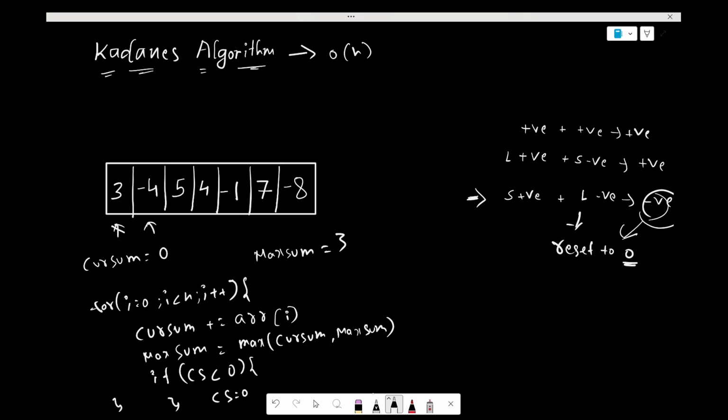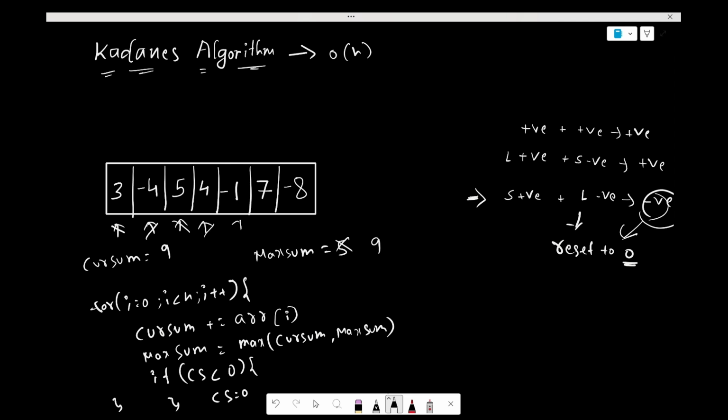And the pointer updates, current sum is equal to 0 plus 5, that is 5. At this time the max sum also updates, so it would be 5. After that, 5 plus 4 would be 9, and the max sum also updates to 9.